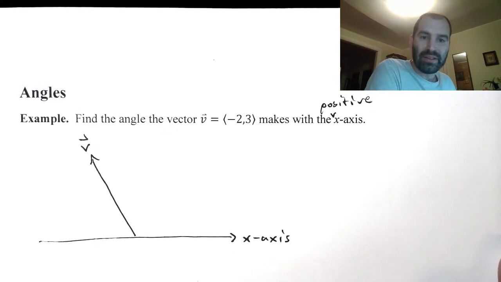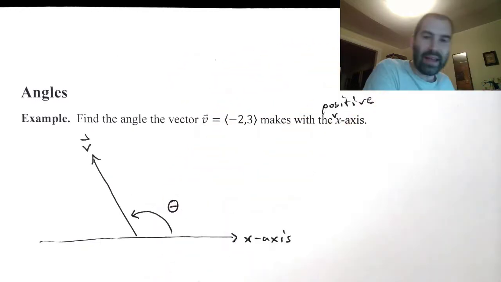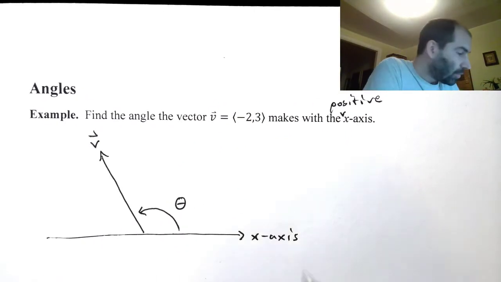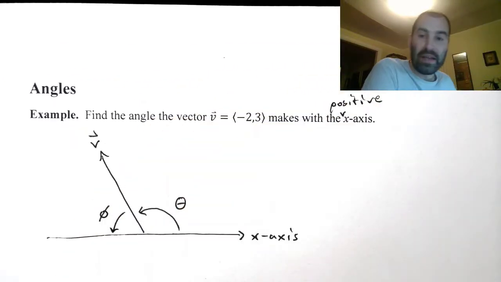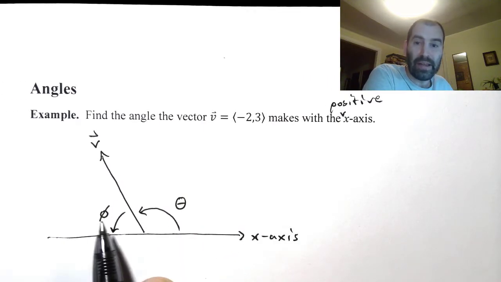So we're going to be measuring this angle right here. That's the angle we're after. Now, what we're going to do is first find this angle over here. Call that phi. We're after the angle theta, but we're going to start by finding the angle phi.